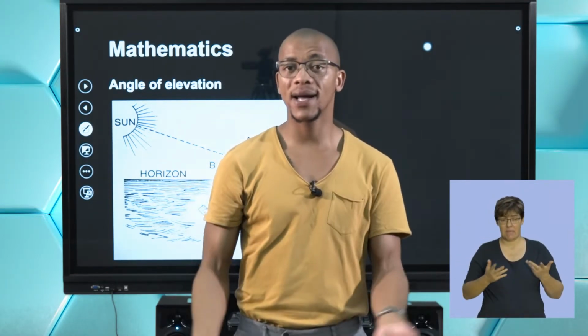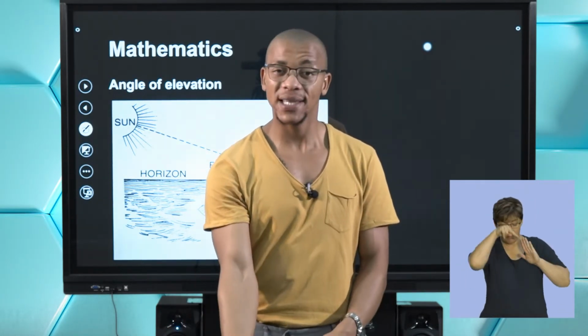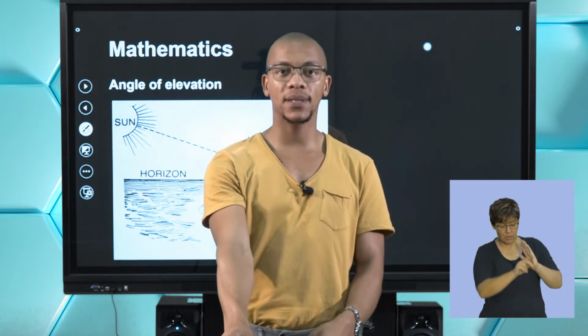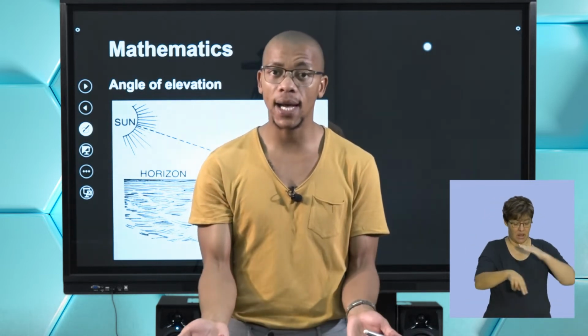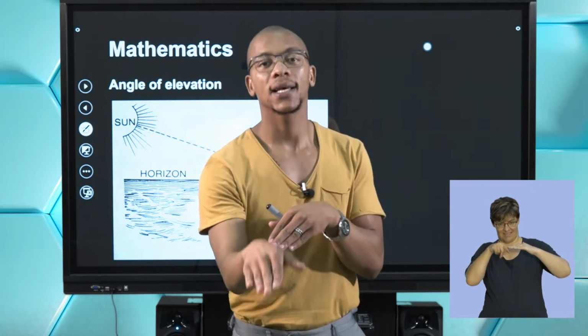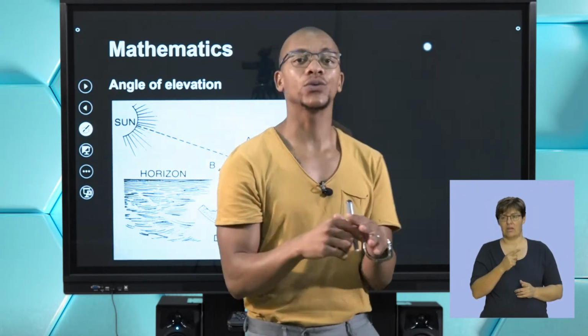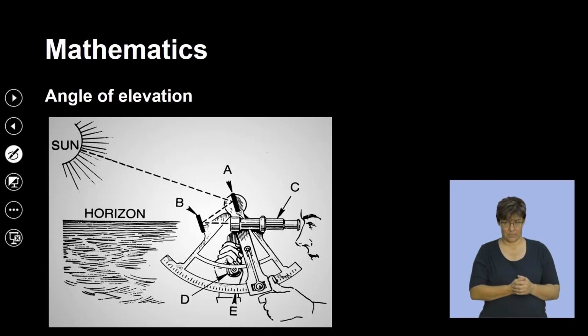If maybe you are in a swimming pool and you look down inside the swimming pool, there's a coin there and you want to jump in and take it out, you will then be looking at it from the angle of depression, which is the angle that we normally look at when looking down. So that's what you will need to know about angle of elevation.